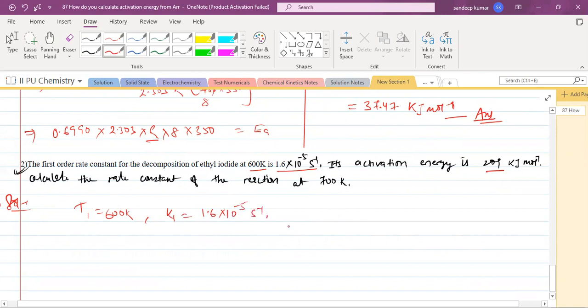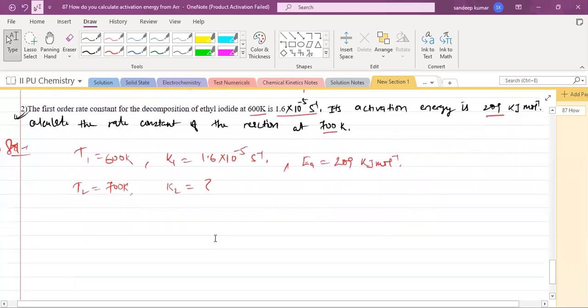And activation energy is also given. Activation energy EA is 209 kilojoule per mole. When the temperature changes to 700 Kelvin, they're asking what is the rate constant, what is the K2 value. Okay, so easy to solve.